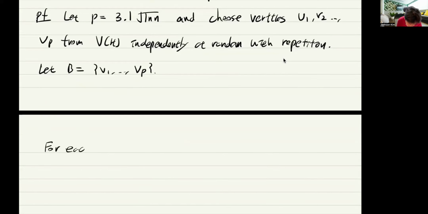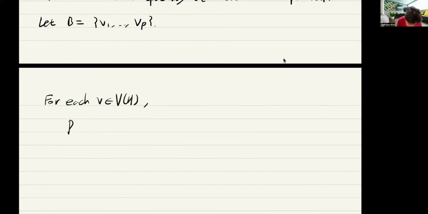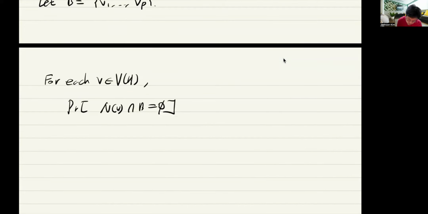Then what happens? For each vertex, we can compute the probability that this B is not in the neighborhood of B. If none of the neighbors of B is contained in B, then that's the bad event.